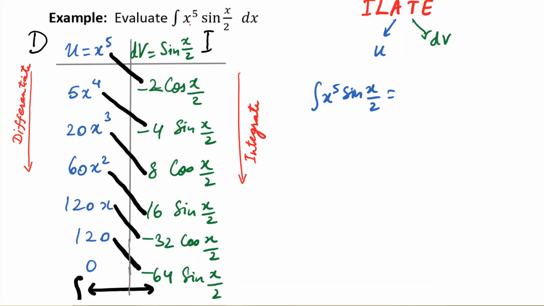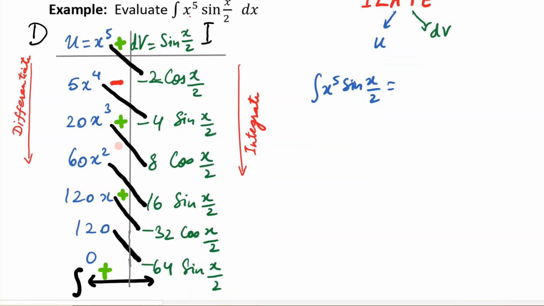And the signs that we're going to use in these diagonal terms: we're going to use positive, and we're going to use negative for this, negative for this, negative for this. So alternatively, we're going to use positive and negative signs in between the terms.